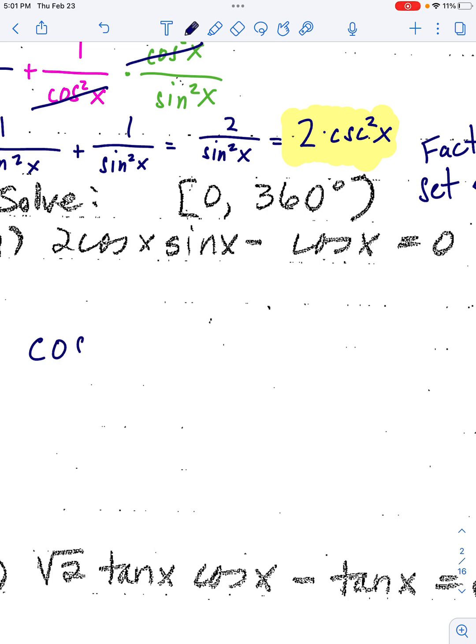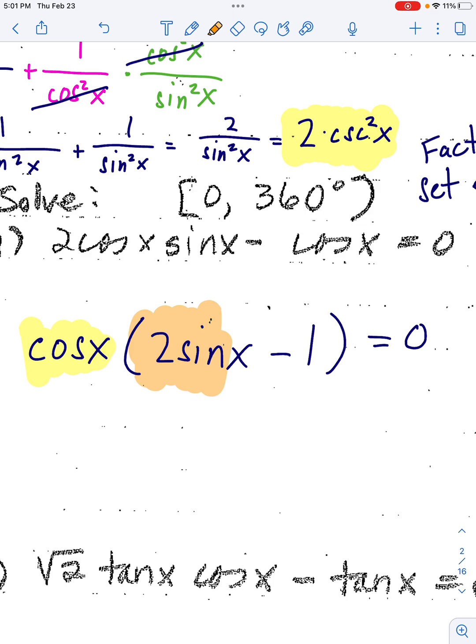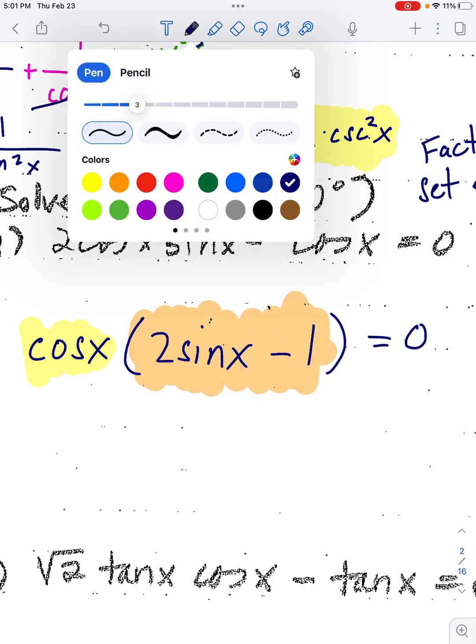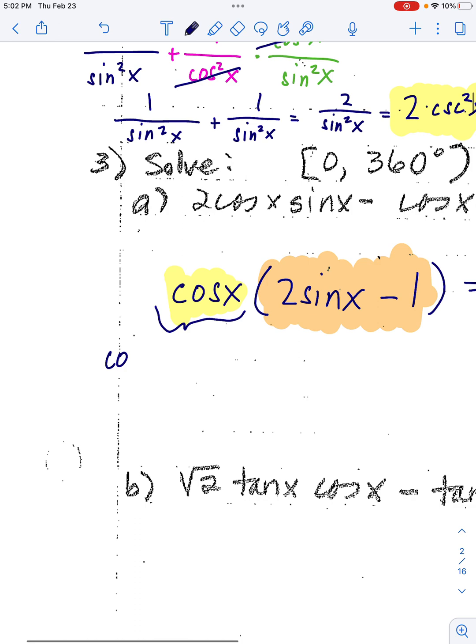So this is going to be cosine x times 2 sine x minus 1 equals 0, okay? So we've got two factors here, one in yellow and one in orange. All right, and we do this problem the same way we've always done. I take this first factor, write it equal to 0 and solve. Cosine x equals 0, hit both sides with an inverse cosine.